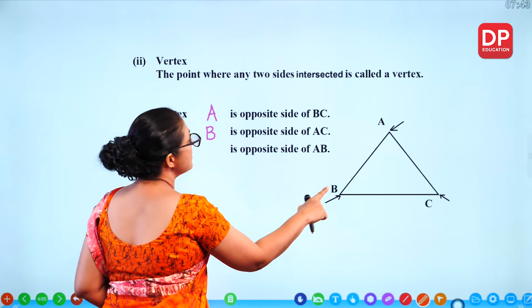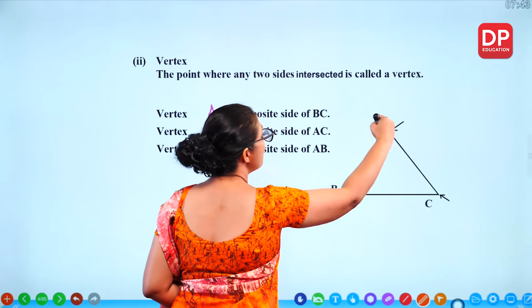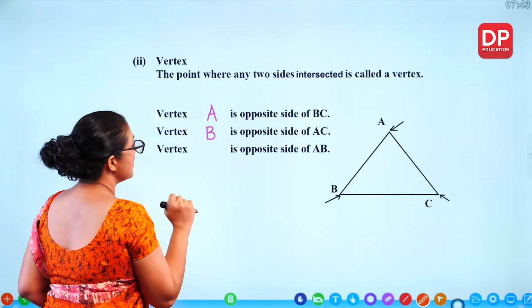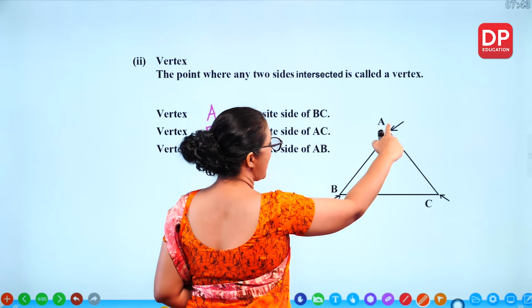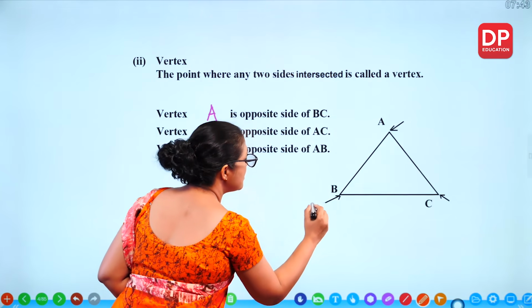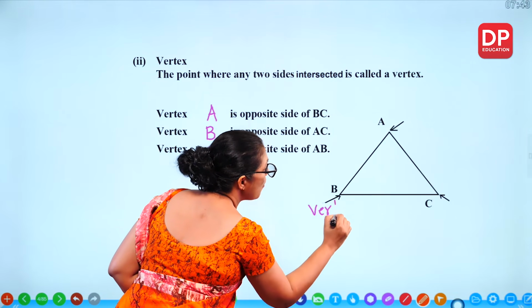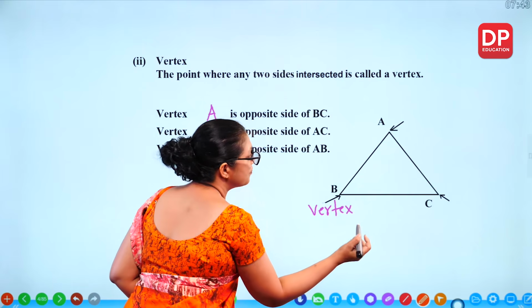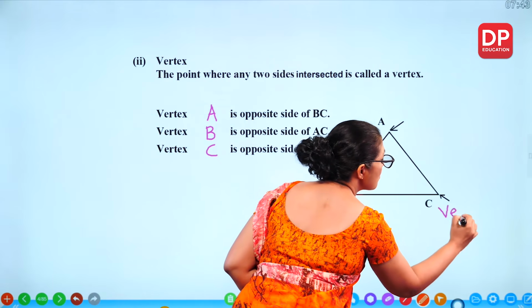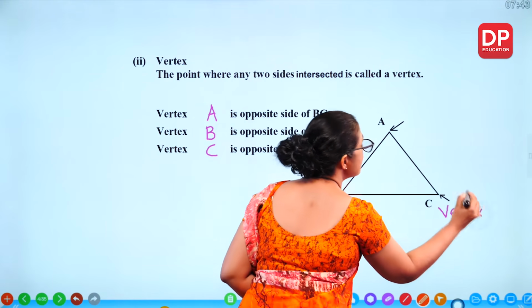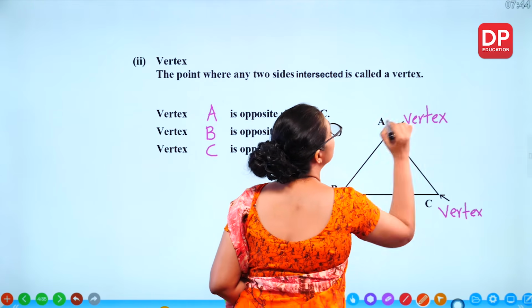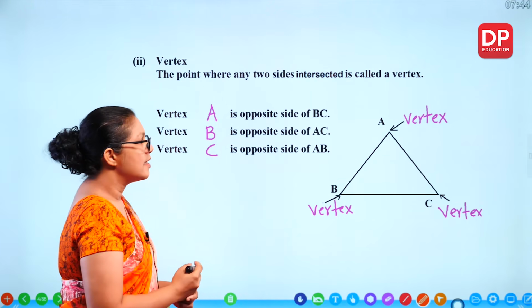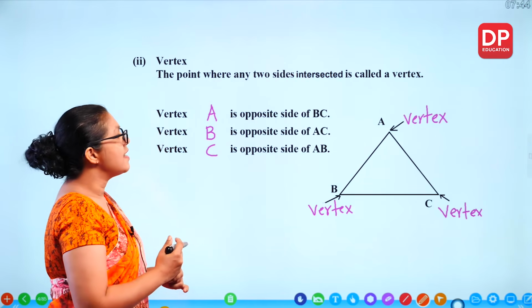Vertex B is opposite side AC. And vertex C is opposite side AB. So this is one vertex point. This is another vertex point. And this is the third one. So you get 3 vertices in a triangle.